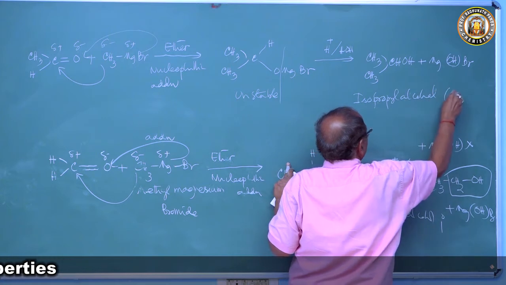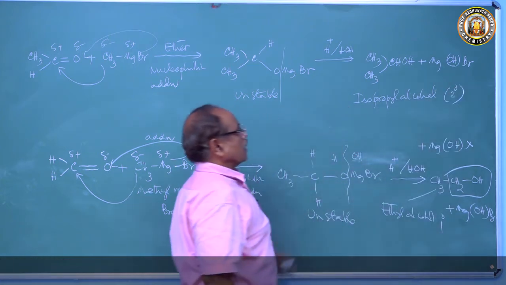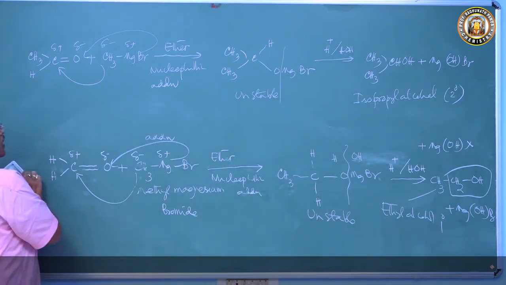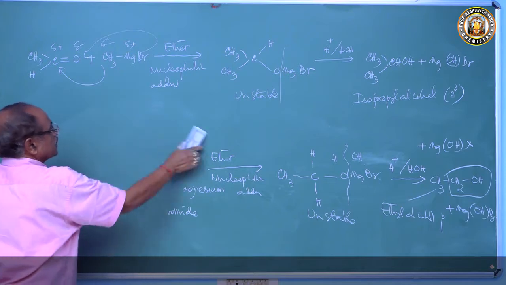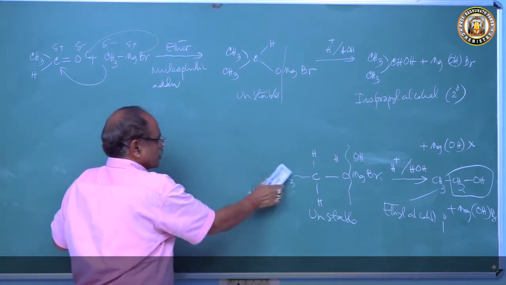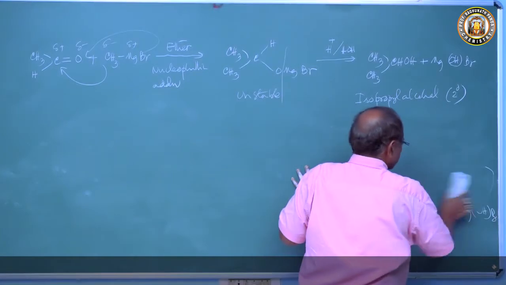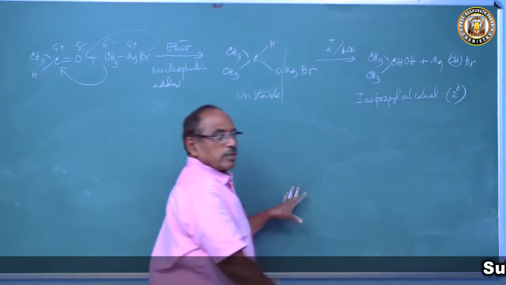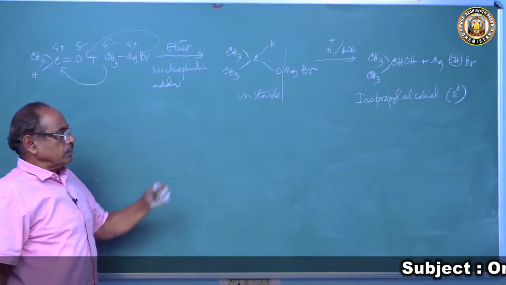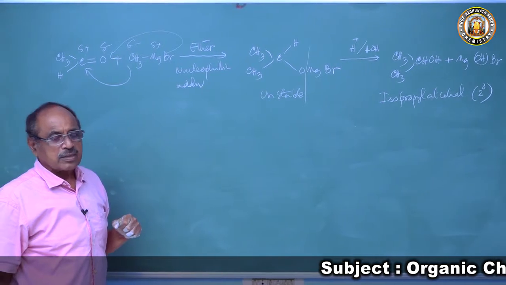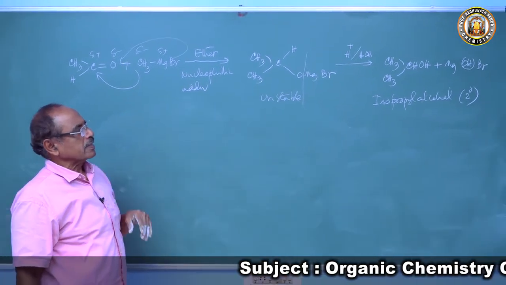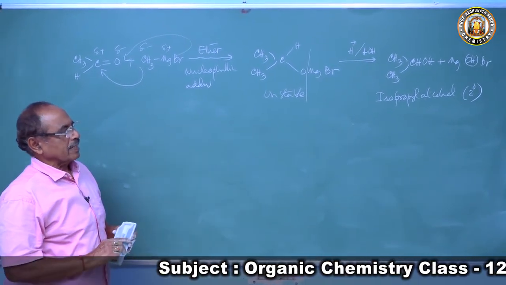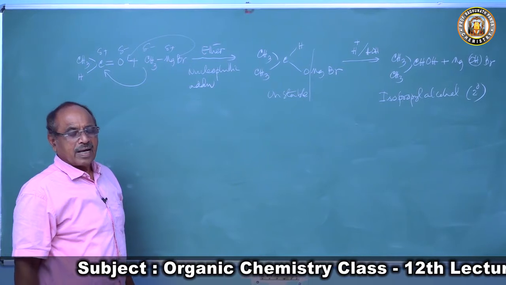This is a secondary alcohol, a 2 degree alcohol. So when acetaldehyde is treated with methyl magnesium bromide in presence of dry ether, it undergoes nucleophilic addition to produce an unstable adduct, which upon hydrolysis produces the secondary alcohol, isopropyl alcohol.